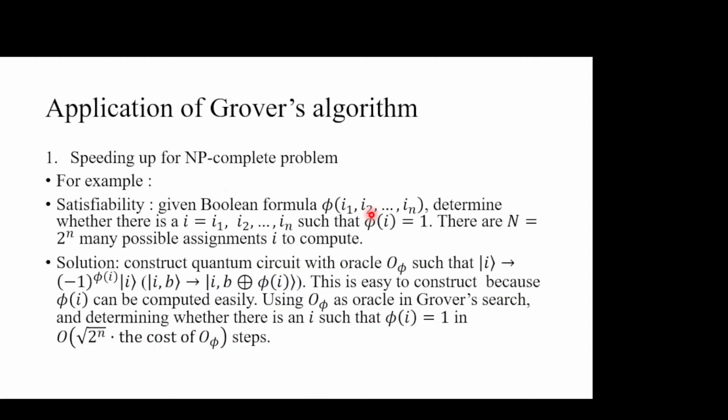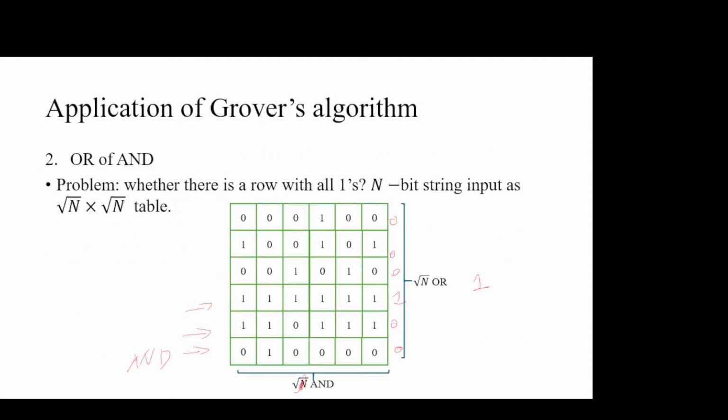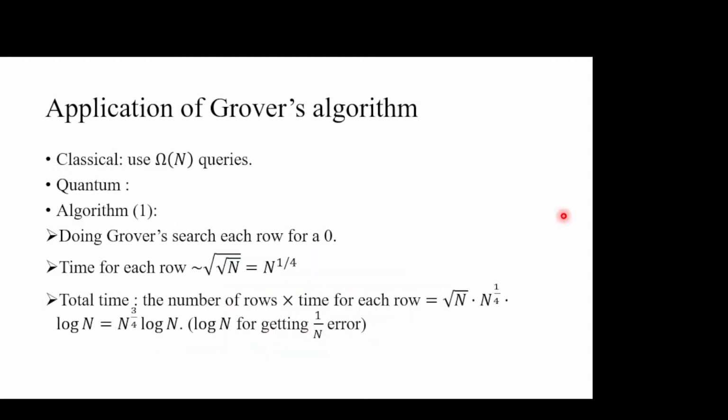We want 1 over N error on each row because there are square root N rows, and we want basically constant error overall. It turns out you need this extra log factor.